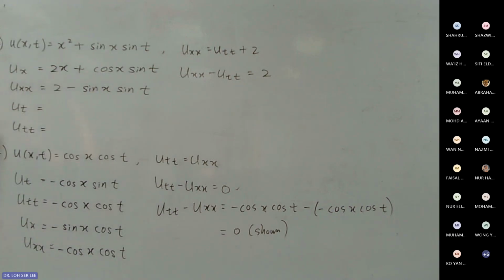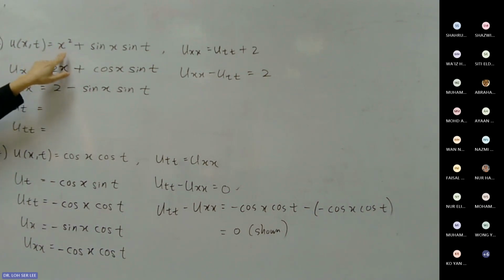Okay, ut. x squared. Do you still have x squared? Differentiate with respect to t. When you are differentiating with respect to t, x is a constant.